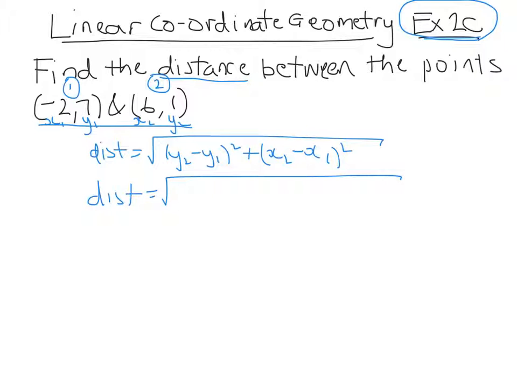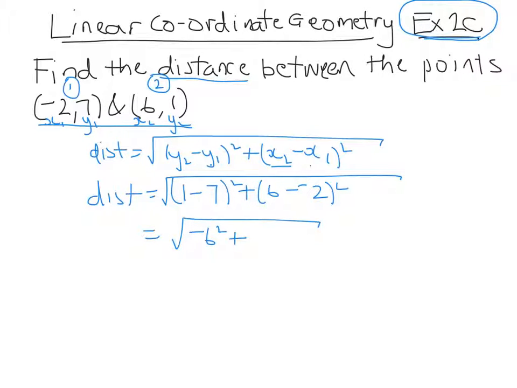Now if I substitute in here, in place of y1 goes 1, in place of y2 goes 7, in place of x2 goes 6, in place of x1 goes minus 2. 1 minus 7 is minus 6, and minus and minus is a plus. 6 plus 2 is 8.